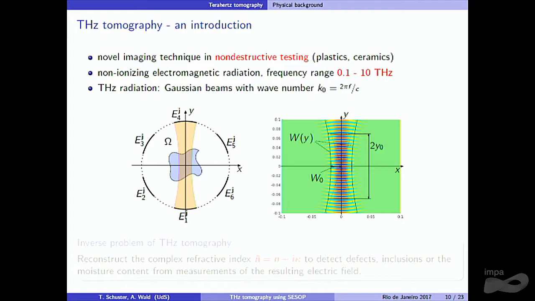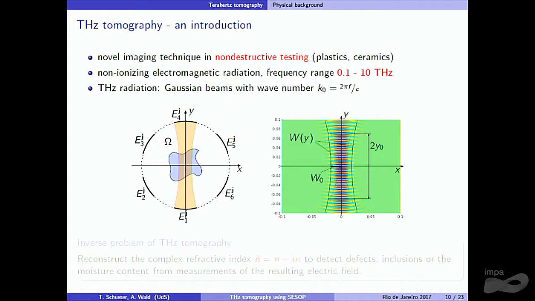It's a rather novel imaging technique. I hesitate a little bit to say that because engineers use it, but not in the way we do. They just took some known inversion methods like filtered back projection and got some results which were not very satisfying.